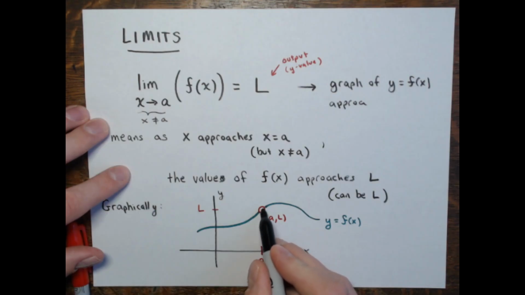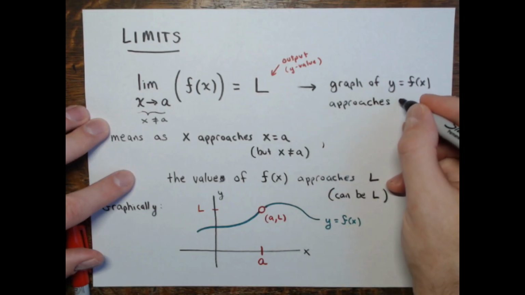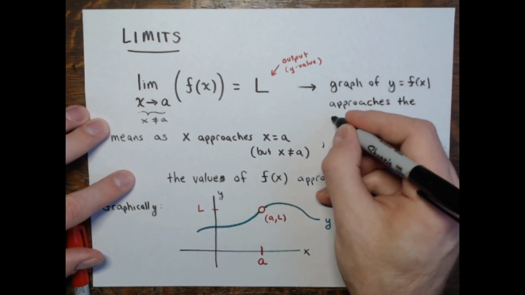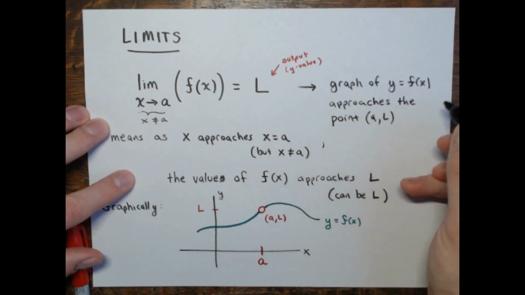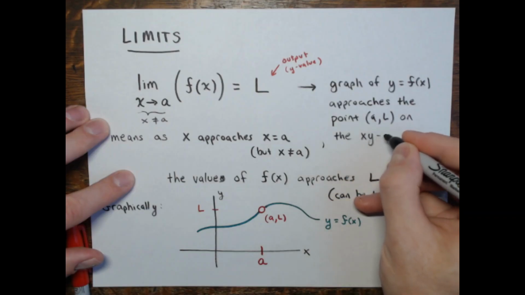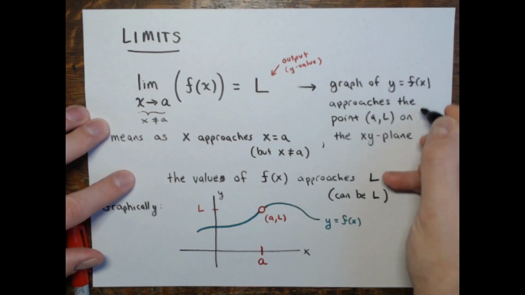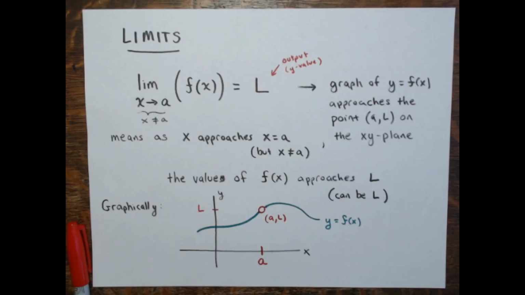That point does not have to be there, but we're getting closer and closer to it. It approaches the location, the point a comma L on the xy plane. All right, so this is a graphical interpretation of this limit statement.